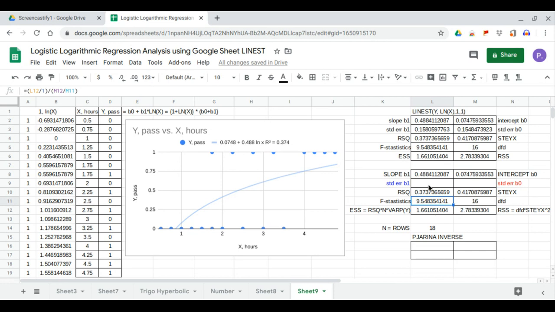Now we can calculate the standard error values of the coefficients. But before we do that, we calculate the inverse matrix, which is MINVERSE of MMULT of the transpose of the 1 x matrix and itself.